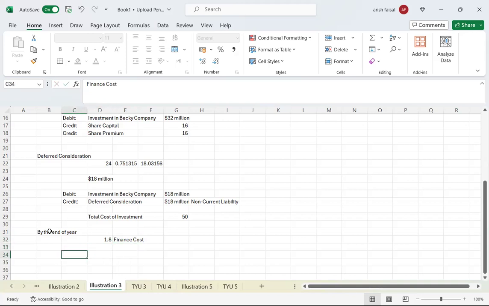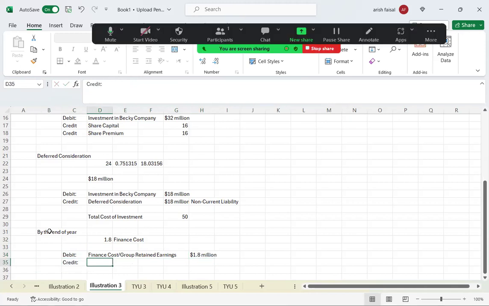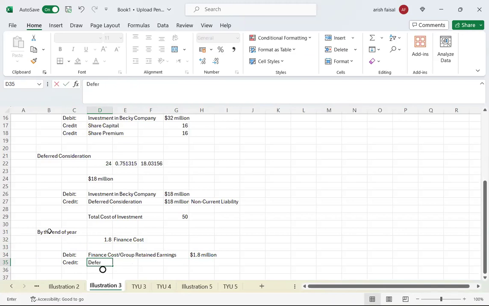Okay. So we will say debit finance cost if you're making the income statement, but in case you're making the balance sheet, we'll say group retained earnings debit with the amount of 1.8 million, and credit will be your deferred consideration. Your liability will increase by the amount of 1.8 million.